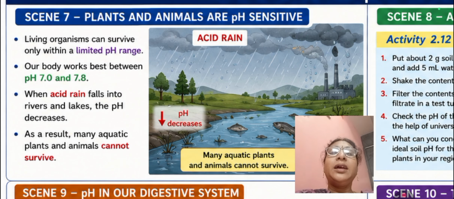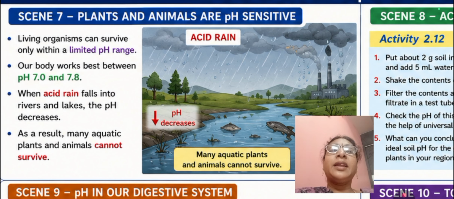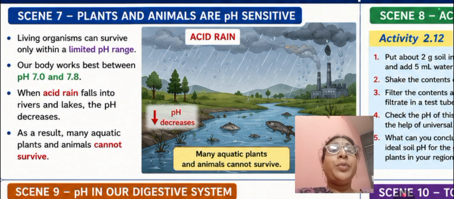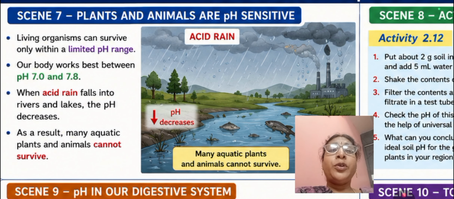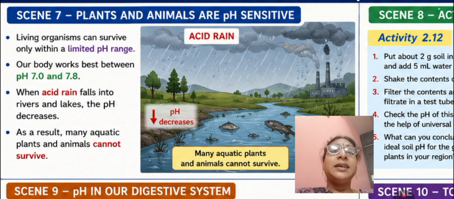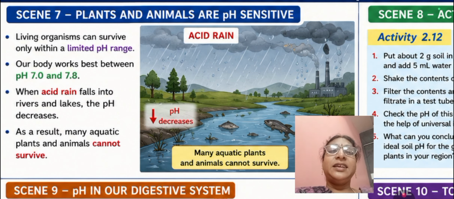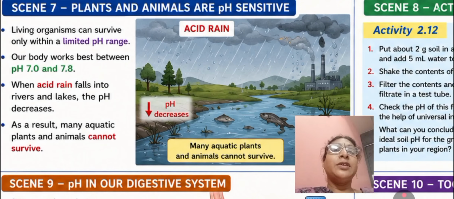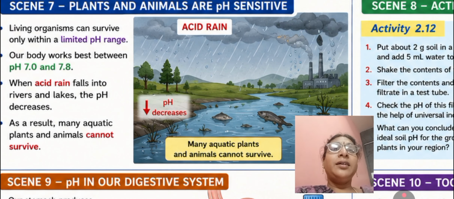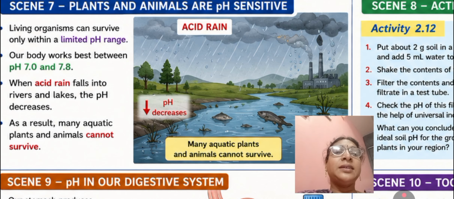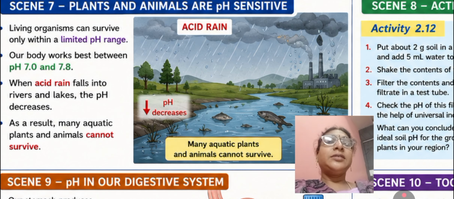Living organisms can survive only within a limited pH range. Our body works between a pH value of 7 to 7.8. When acid rain falls into rivers and lakes, the pH decreases. As a result, many aquatic plants and animals cannot survive and die in this acid rain.